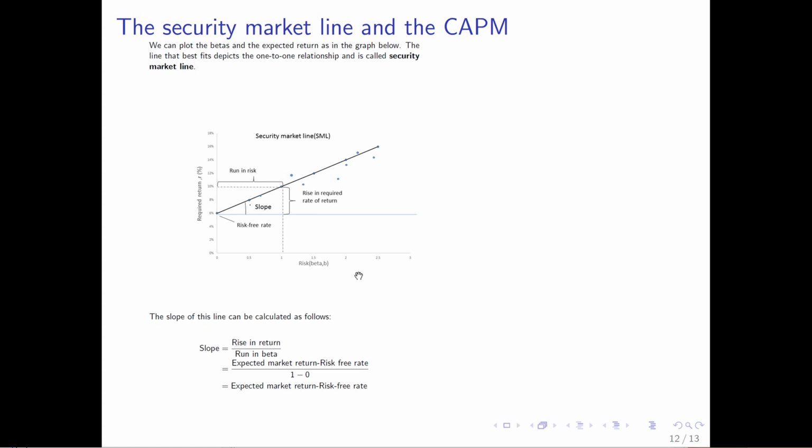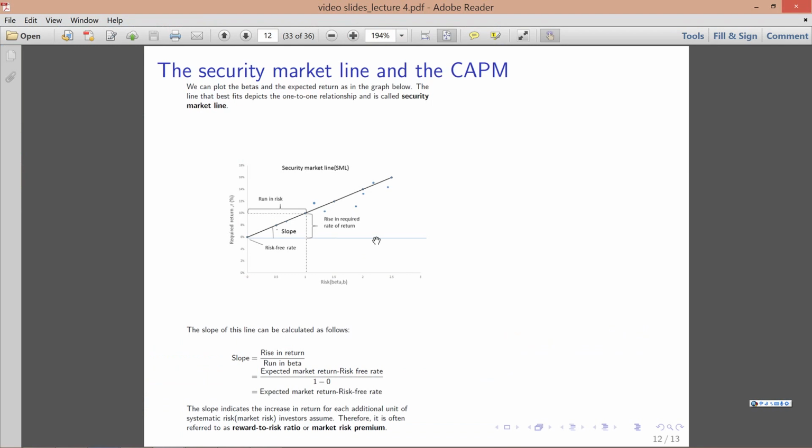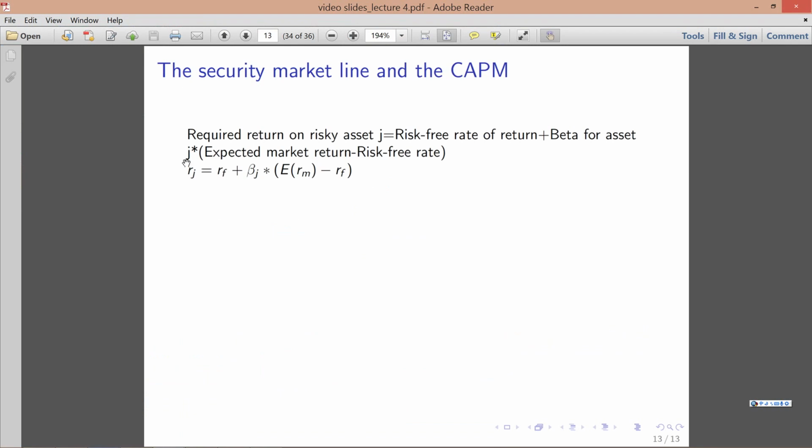Having this in mind, we can represent this security market line in a mathematical version. The required rate of return on each asset should equal the risk-free rate of return plus the amount of systematic risk of this asset measured by beta times the compensation for each unit of beta.